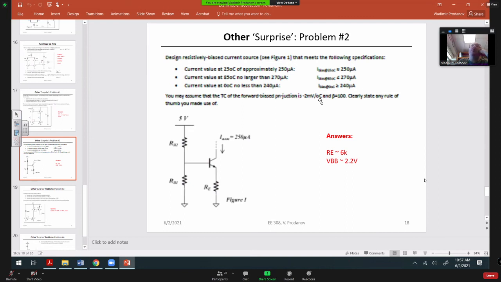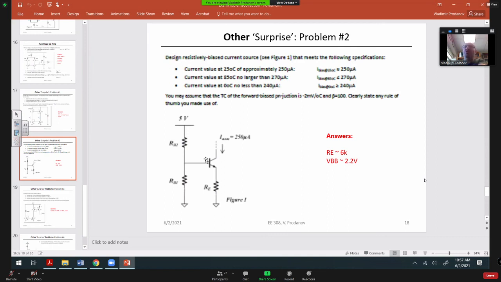This allows you to write a second equation that says VBB minus VBE, which is now reduced. It's not 0.7 nominal, it's 0.7 minus, give me the value.